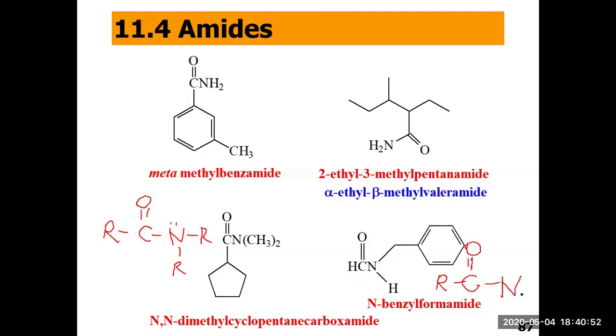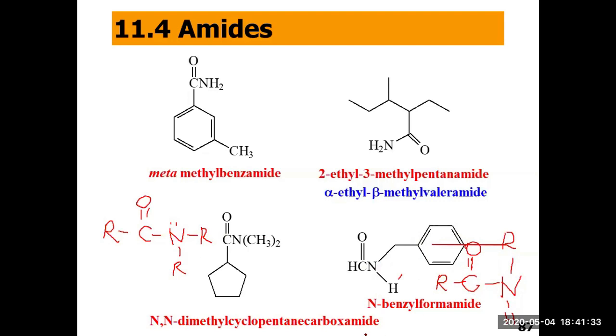And in this case, you still have one hydrogen that is present, and we have here another alkyl group that replaces one of the hydrogens. Okay, so for these types of amides, we can use the N-alkyl or N,N-dialkyl substituted derivatives of the parent amide.